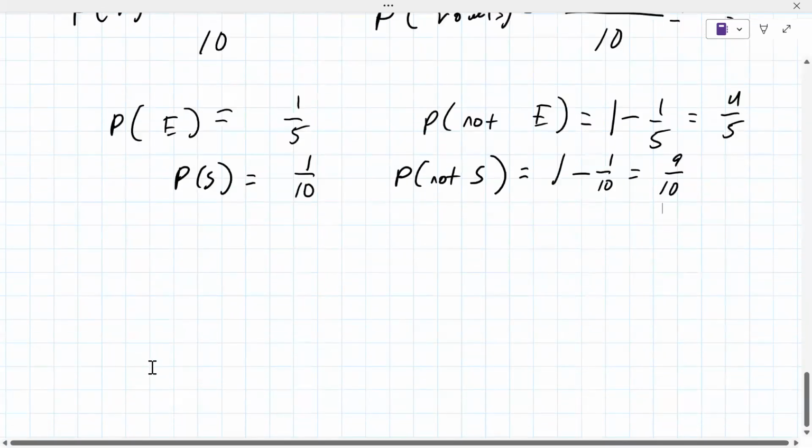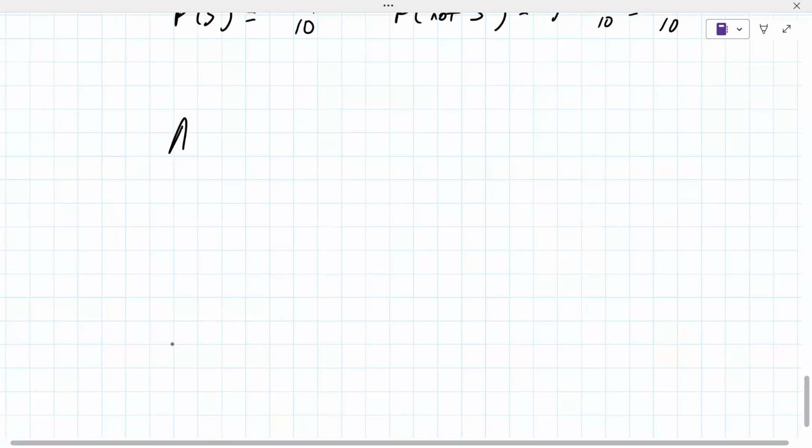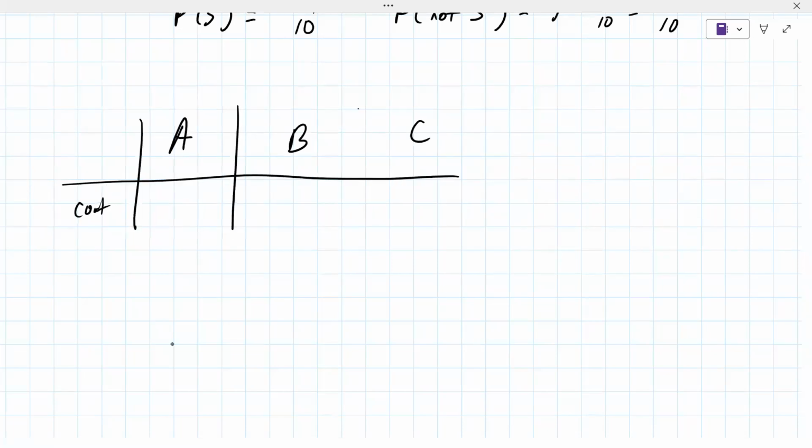So let me make another one up here and see if we can do this. Let's say that A, sorry, let's do A, let's do a count, B and C. All right, what's the probability of A?